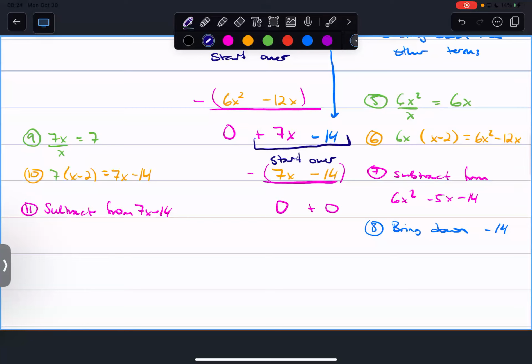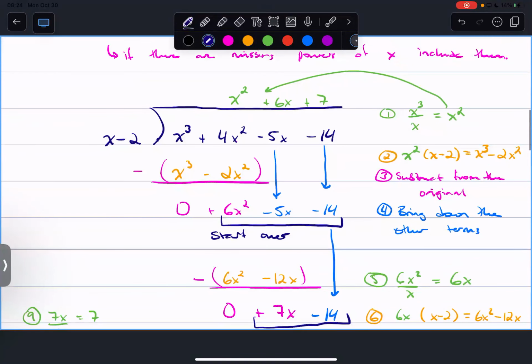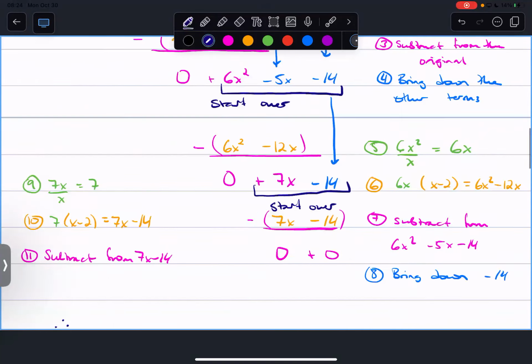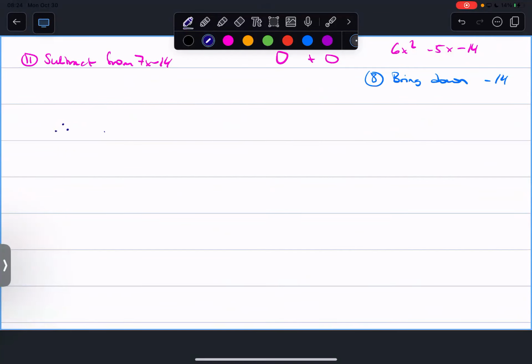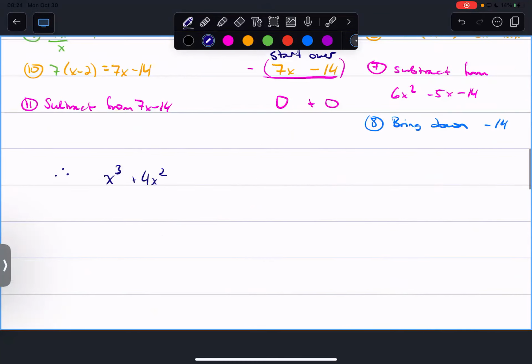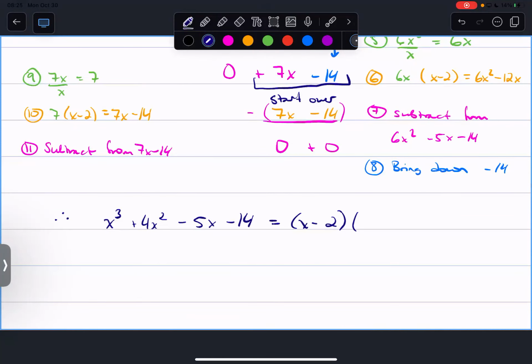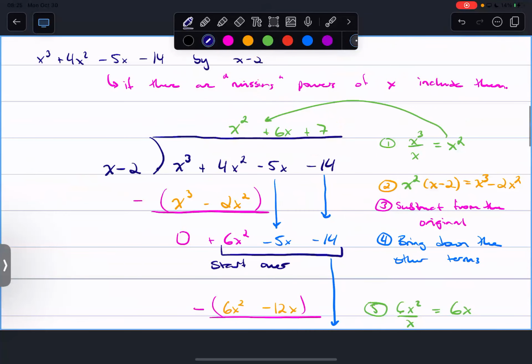So therefore, x to the 3 plus 4x squared minus 5x minus 14 is x minus 2 times whatever we had up top here, times x squared plus 6x plus 7.